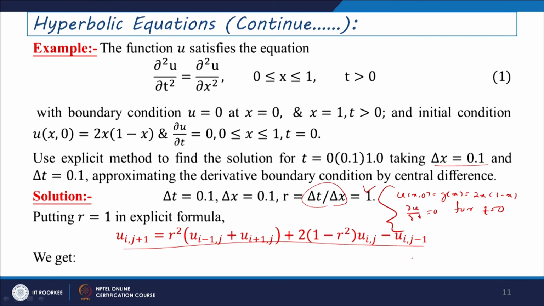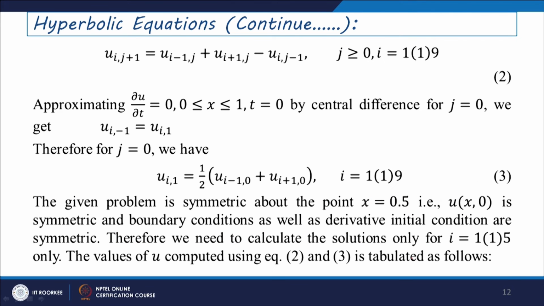So we go for the solution for j greater than or equal to 0, and i varying from 1 up to 9 here. At i equals 0 the value is known to us, so our computation will go from 1 to 9 points, since at the last point also it is known from the boundary conditions.